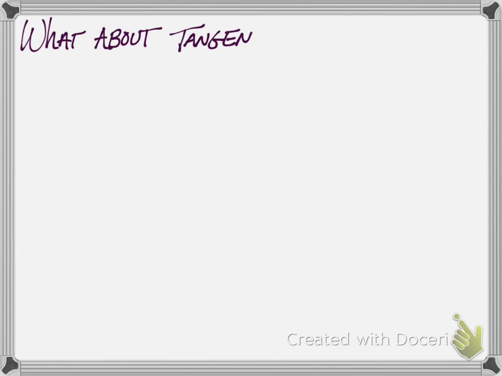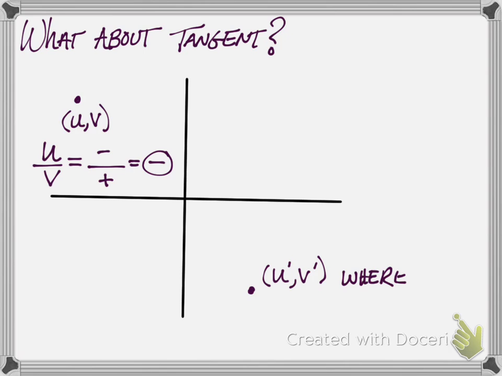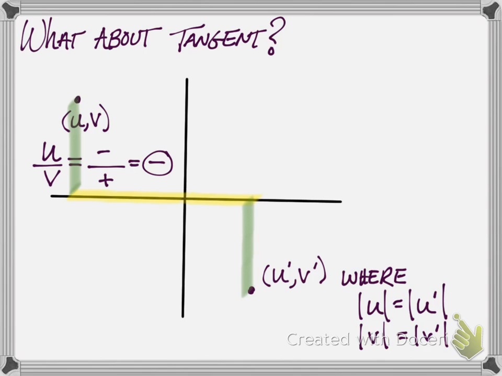Alright, well, what about tangent? If I take a point u, v, u over v is, in this case, going to be tangent, and it's going to be positive over negative, which is going to be a negative result. If I have u prime and v prime, where the magnitudes are the same, but the distances are different, those are my magnitudes or my distances.